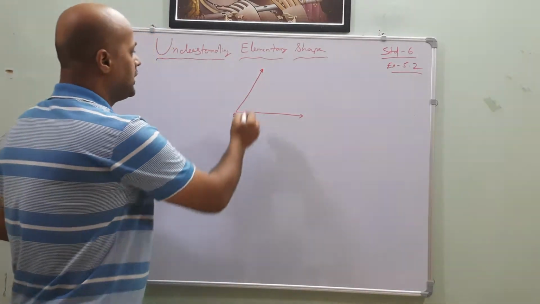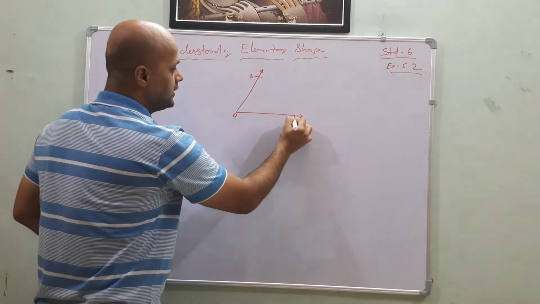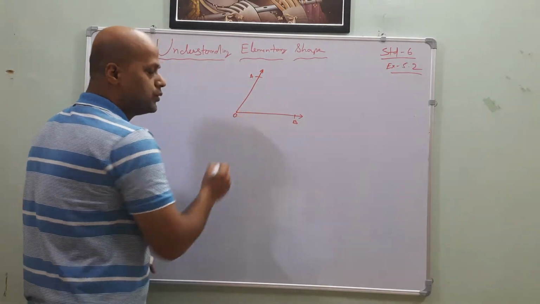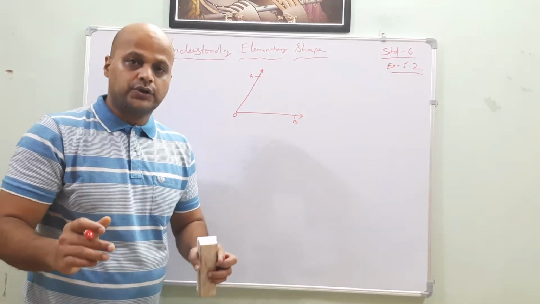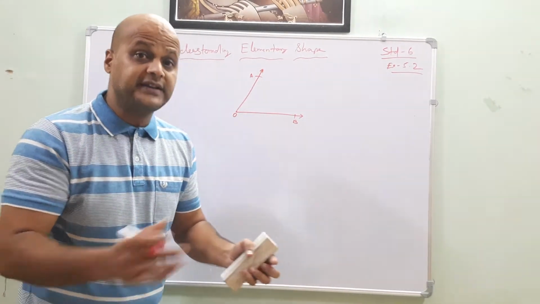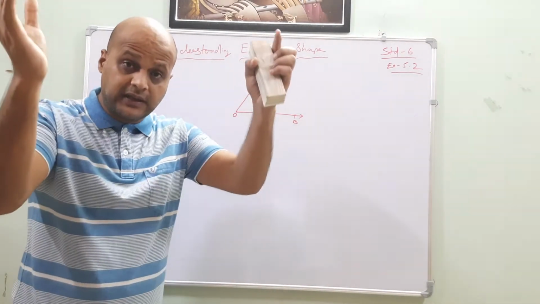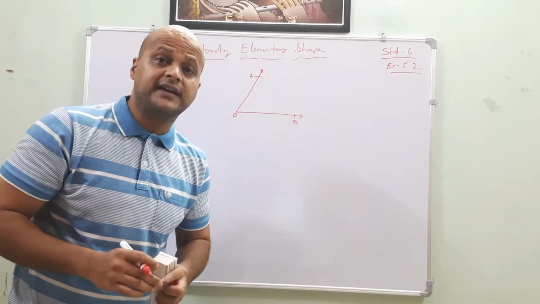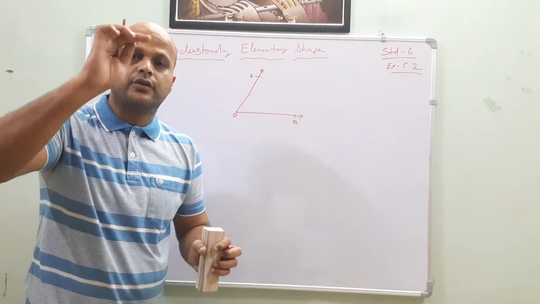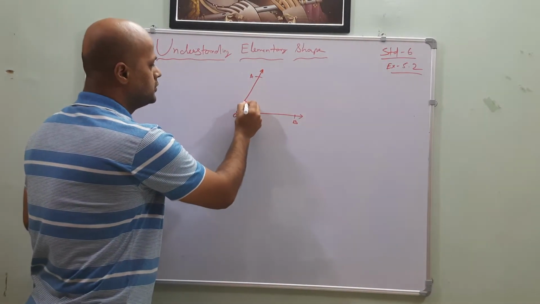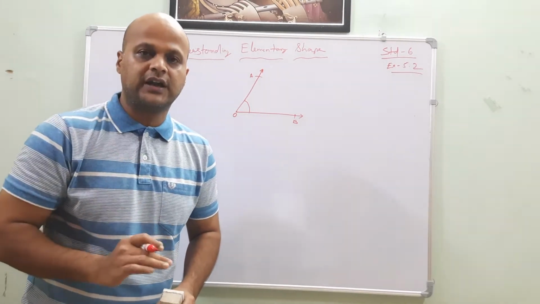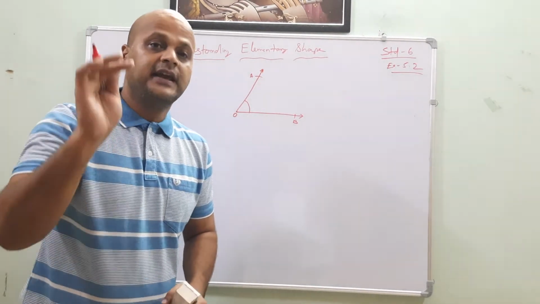Here OA and OB are the two rays having common origin point O. The area bounded by these two rays is called the area of the angle. In simple words, an angle is nothing but the corner formed by the two rays. Understood my dear friends? It is very important that you understand what an angle is.